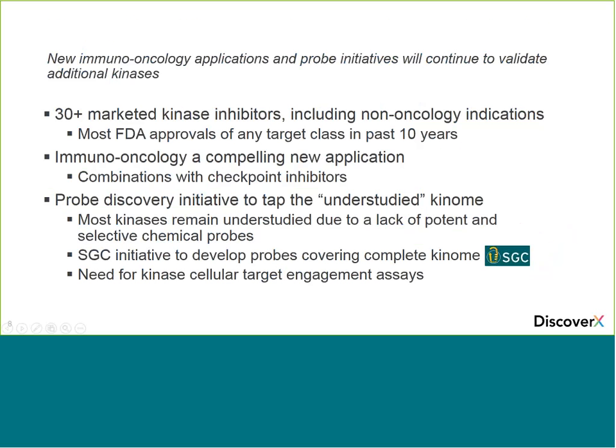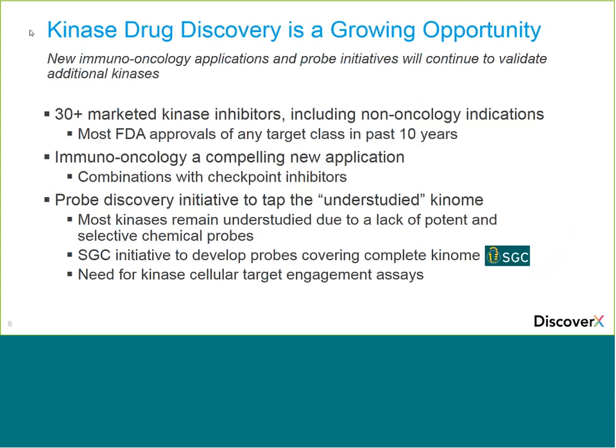So kinase drug discovery is a growing opportunity, and there have been 30 plus marketed inhibitors approved. It's the most approvals by the FDA of any target class in the past 10 years. But with that said, the field, in my opinion, has been a little stagnated. And what's been holding that back? Why are we just focusing on the same usual suspects, the same 15 kinases?